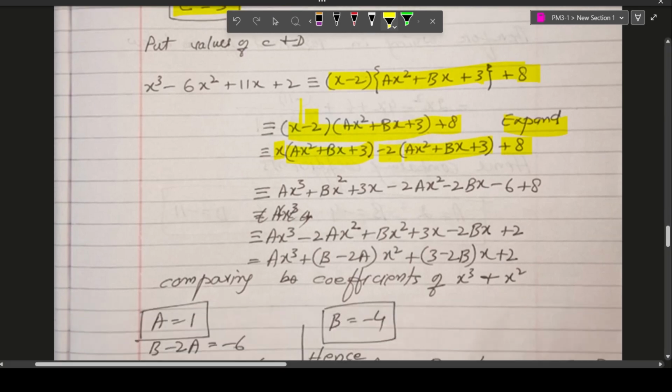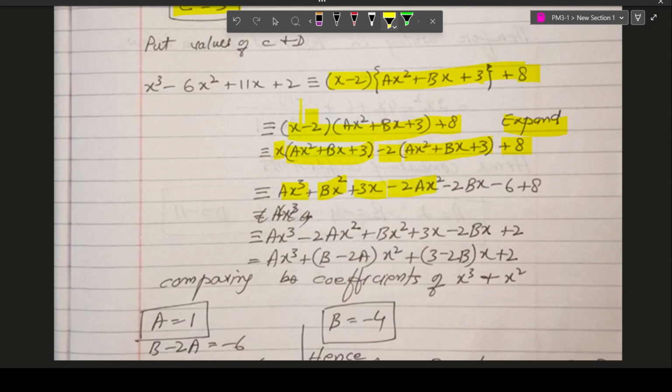Now expand it further, ax cube, x into ax square plus x into bx is bx square, x into 3 is 3x, minus 2 into x square is minus 2ax square, minus 2 into bx is minus 2bx, minus 2 into 3 is minus 6, plus 8.